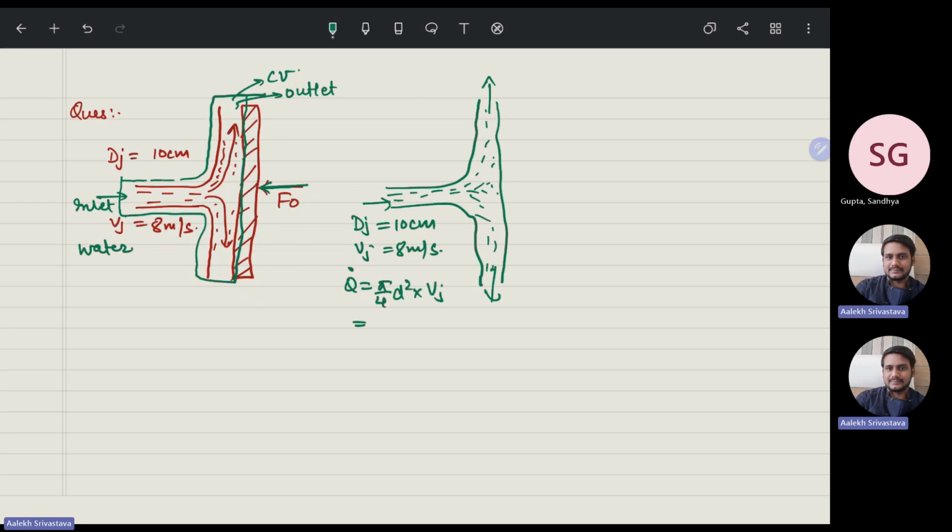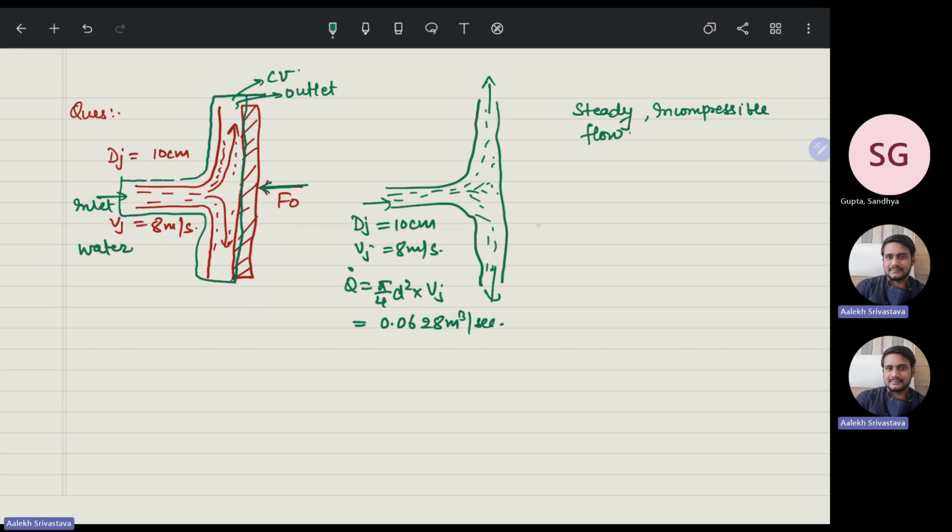If you solve this, it is 3.14 into 0.25 into d square, which is 0.01, into 8. So the volume flow rate is 0.628 meter cube per second. This is the volume that is coming in. Now, the first assumption is that it is steady, incompressible flow.